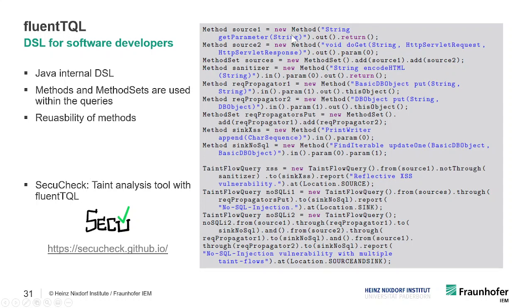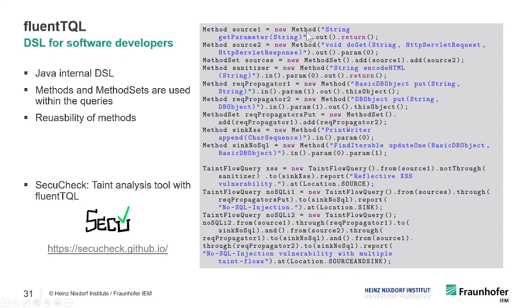You can have these kinds of methods in other classes and modules, so you can use the entire Java infrastructure to enable reusability of them. You can specify such methods once for a specific library and then reuse them.